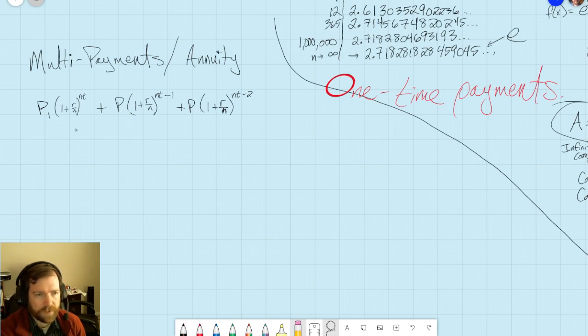I mean, really, these are all the same payment. This is payment 1 plus interest, payment 2 plus interest, payment 3 plus interest, and we continue this on and on.